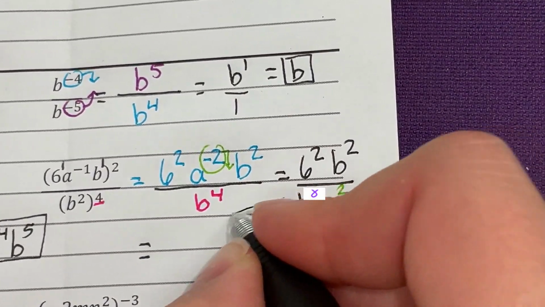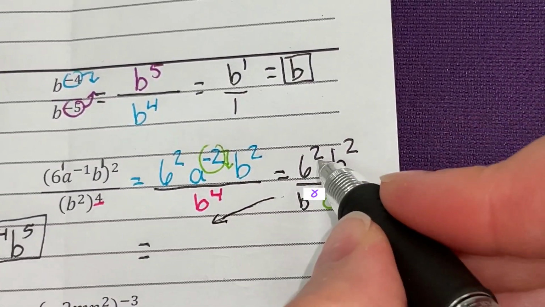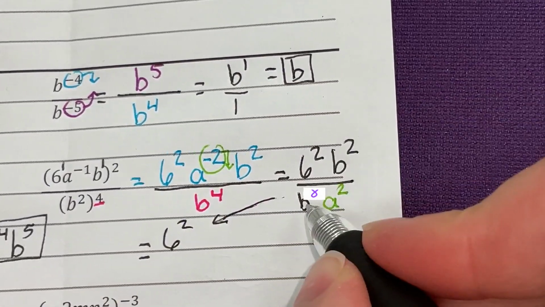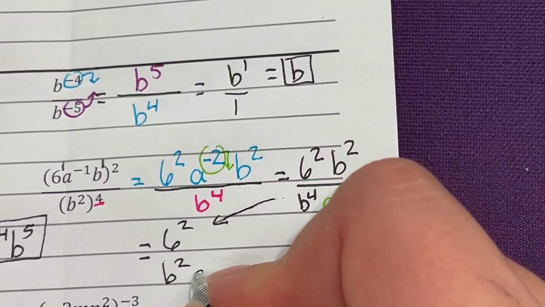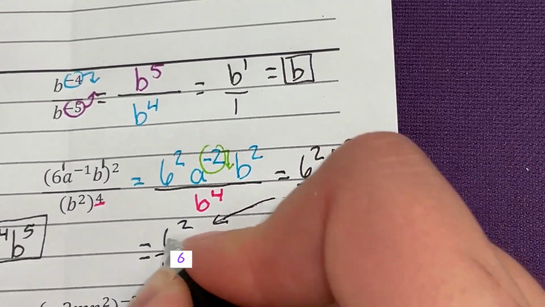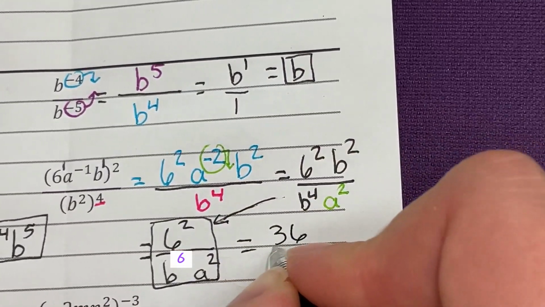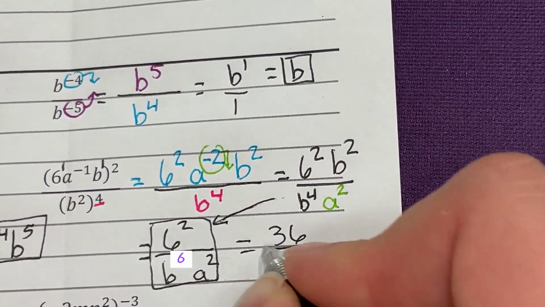So I'm going to scoot back over. I'm going this way, just so you guys know. We have 6 squared. B, who's got more? The b on the bottom has more. A doesn't have any friends, so he just stays where he's at. This is a great answer, but this is an even better answer when I write 6 squared simplified out.